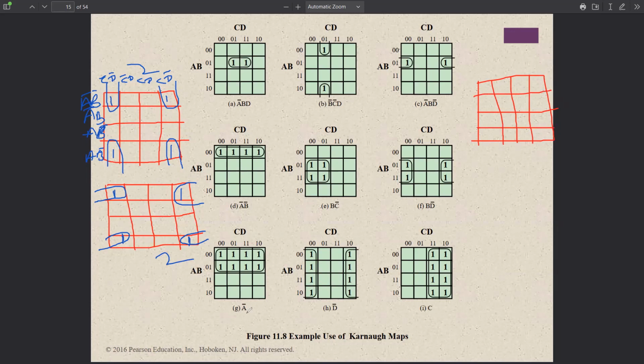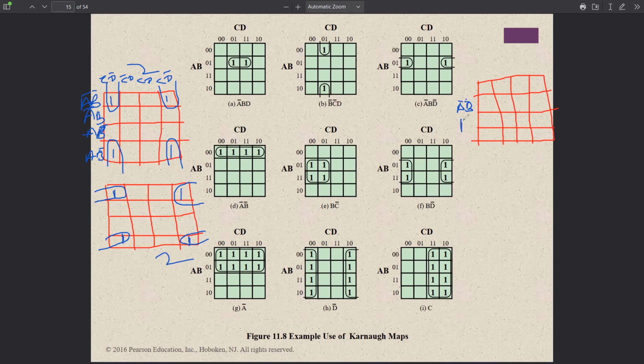So consider this one is A bar B bar, right?